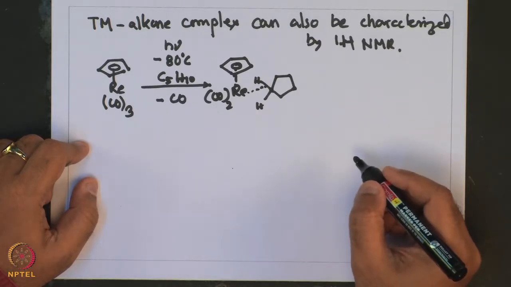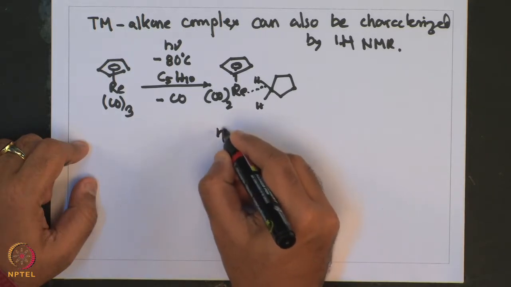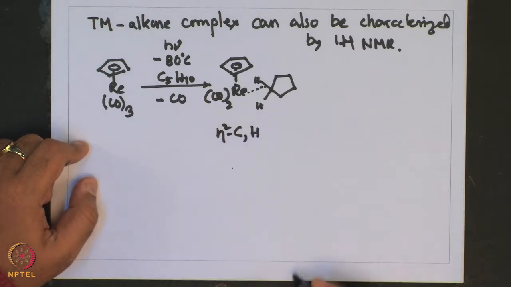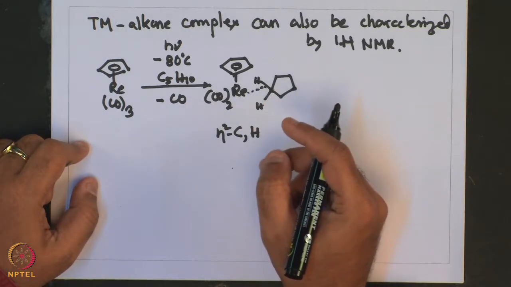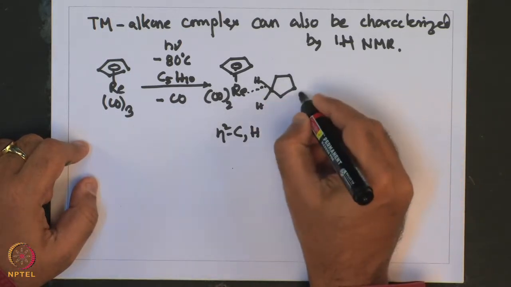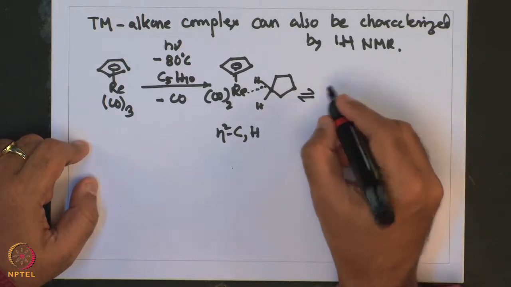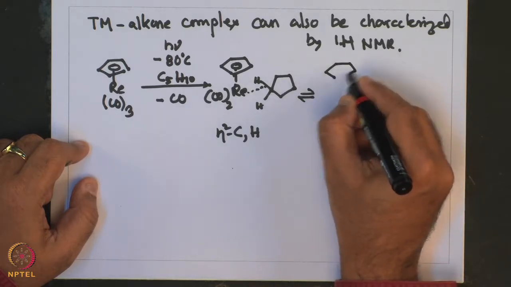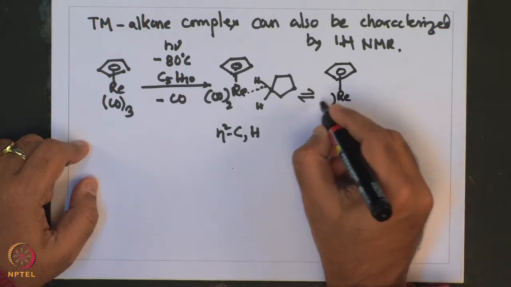This has been characterized by eta 2 CH kind of binding. As this is a very low energy interaction, they undergo various exchange processes and can also be seen to interact with other modes of binding.